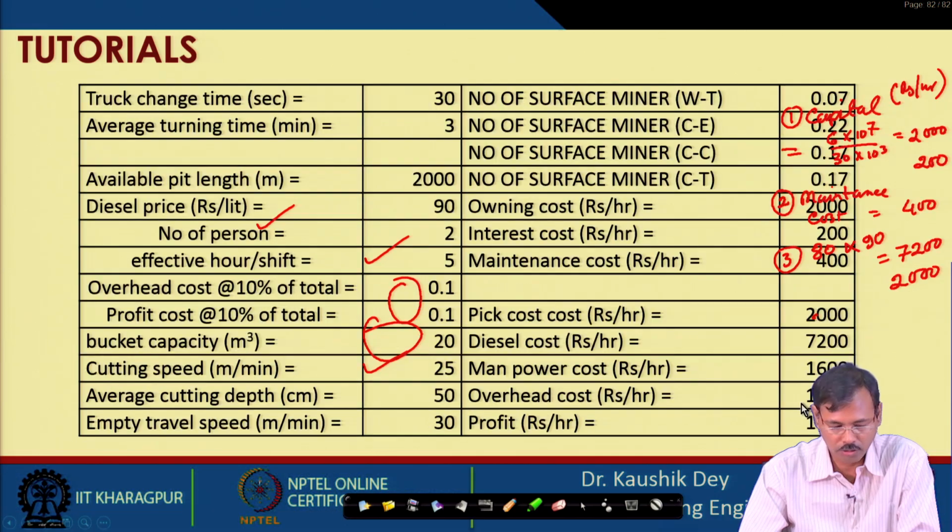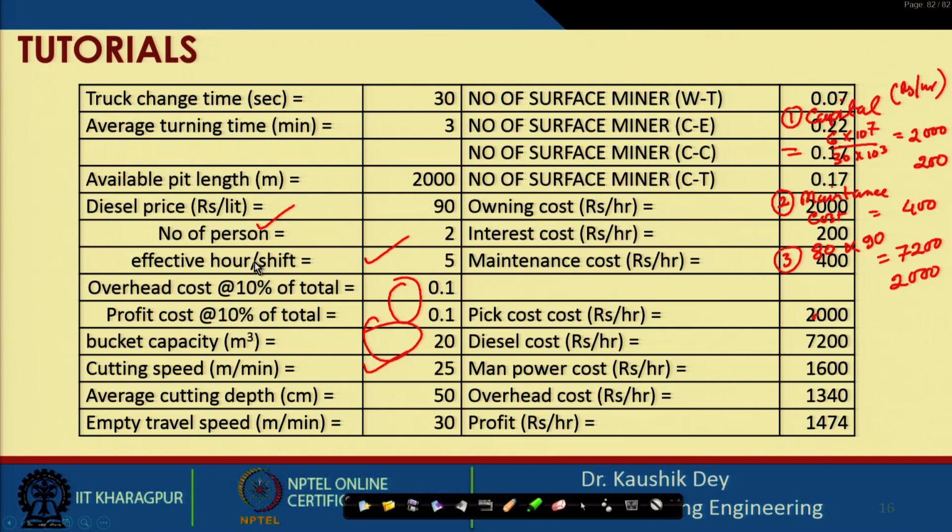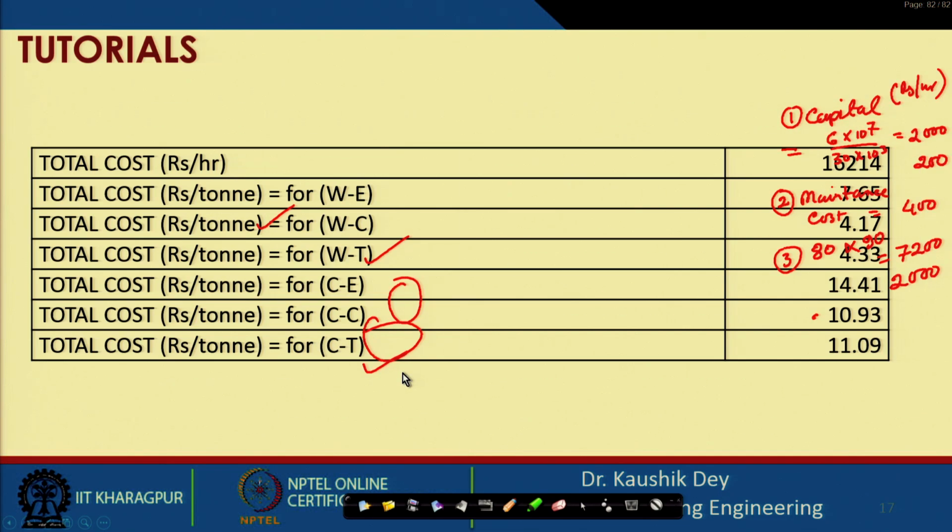Let us look into the considerations. So, number of persons is 2. We have forgot to write the OEMs is given.